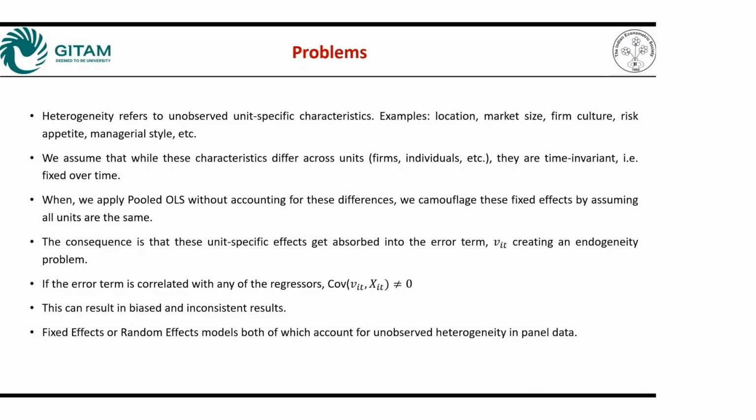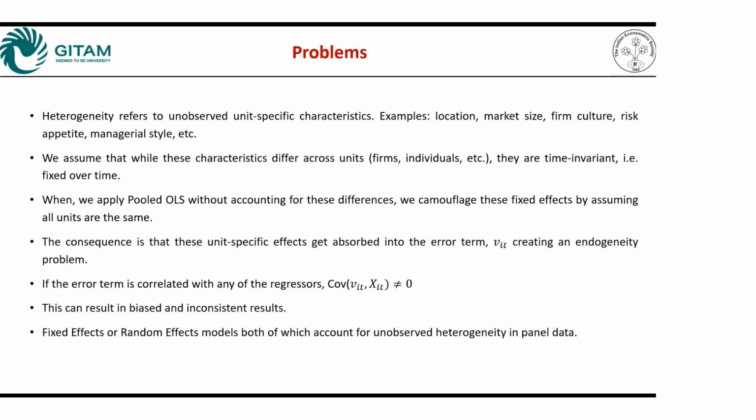So we can have some heterogeneity, or market size, or culture. Maybe they are dealing with the same thing you want to collect, but the culture is very different. So in any way, it will impact the performance. Or we have risk appetite or managerial style.